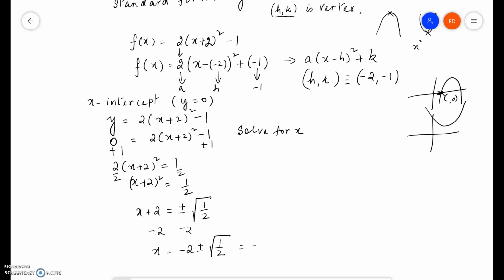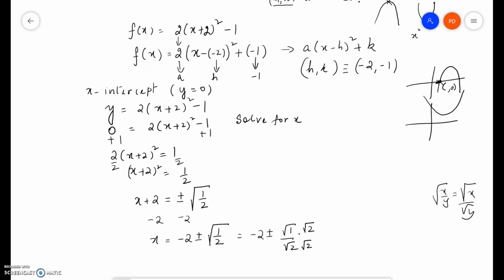So this is equal to negative 2 plus or minus radical 1 over radical 2, because radical x over y can be written as radical x over radical y. We can rationalize the denominator, make it rational, which means get rid of the square root, by multiplying and dividing with radical 2.